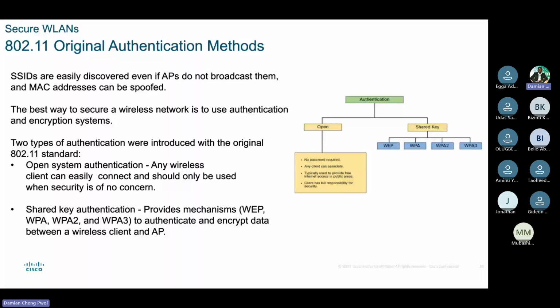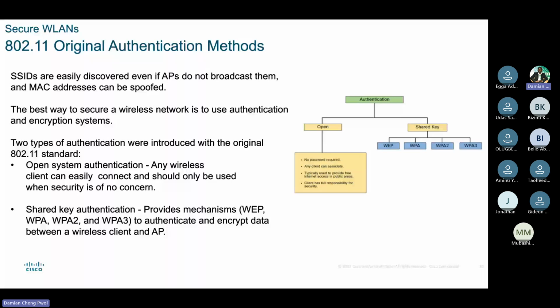Open system: any wireless client can easily connect, and it should only be used when security is of no concern. So in this case, let's say at home you have yourself and other family members, you trust them, you have no issues, so you can make it open. You don't need anyone to enter a password to connect.